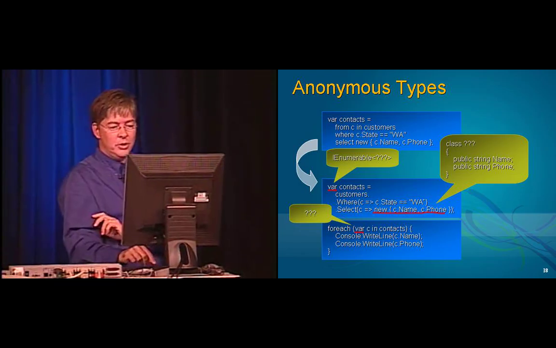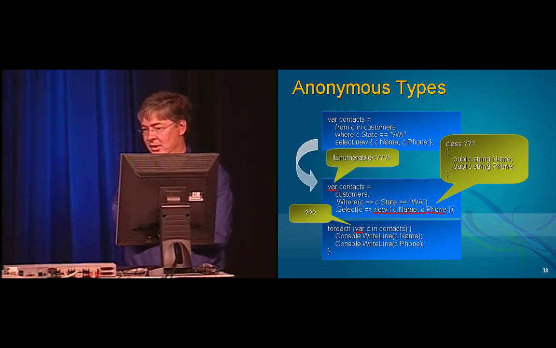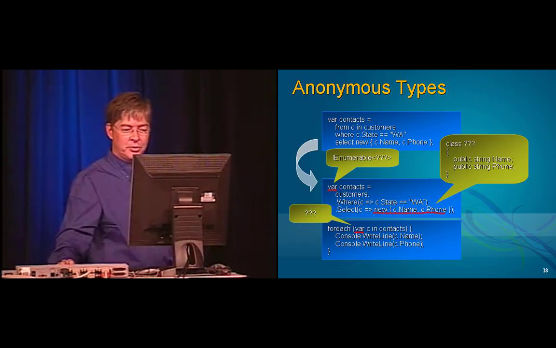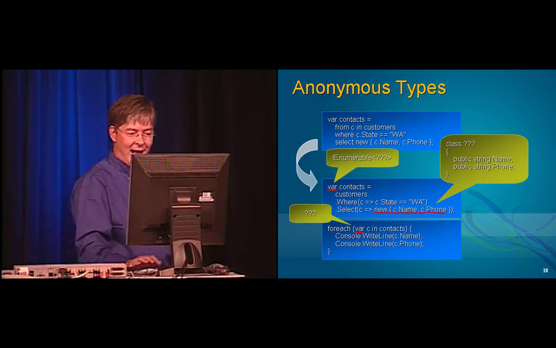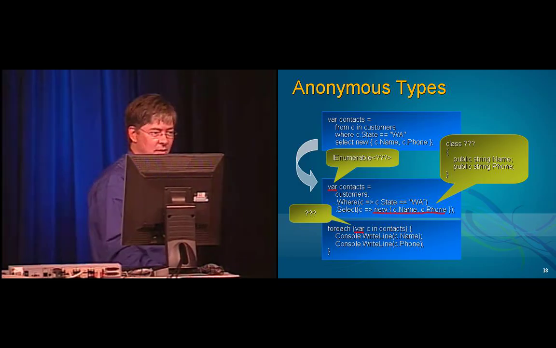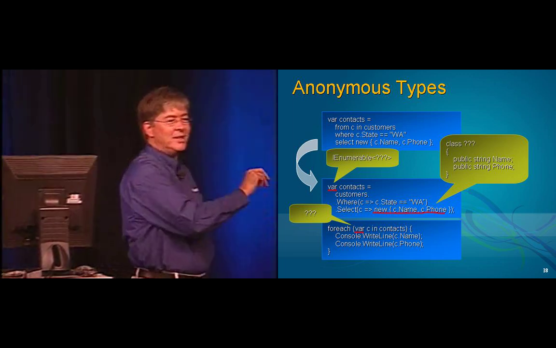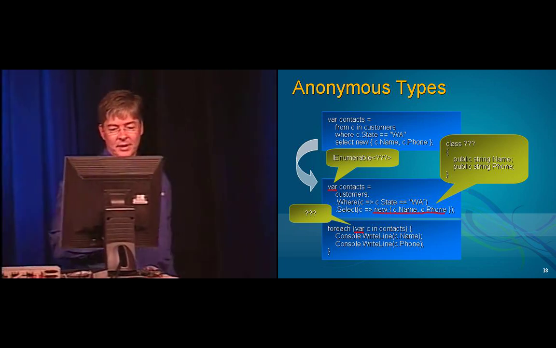So the new c of name, phone creates an anonymous class with some name we can't say. And then the type of that class flows through the select operator, gets inferred by the select operator, and the select operator returns an IEnumerable of that type. And we use var to create a variable of type enumerable of blah, the name we can't say.